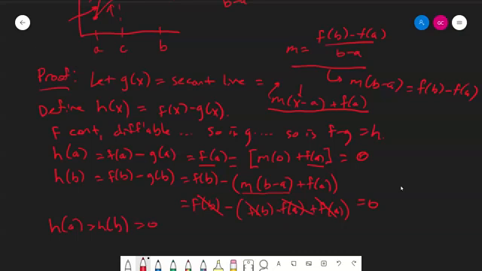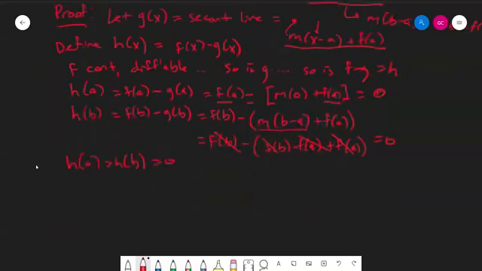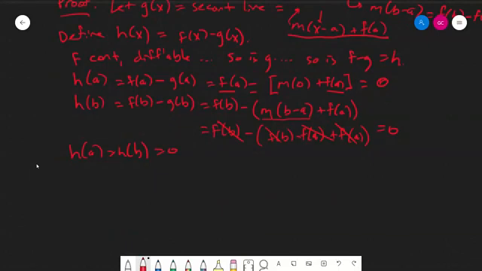Well, if I have a continuous differentiable function where h of a and h of b are the same, that means I can use Rolle's theorem. So now Rolle's theorem says that h prime of c is 0 for some c between a and b.